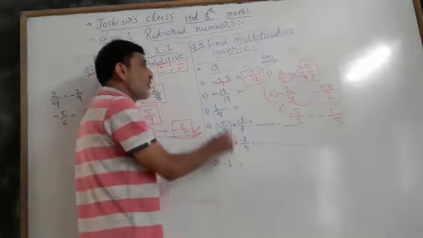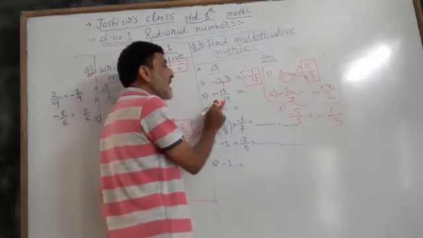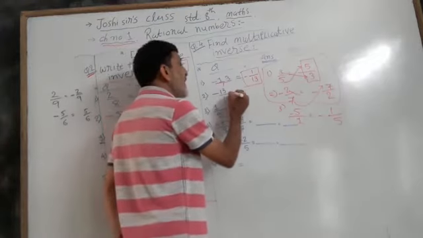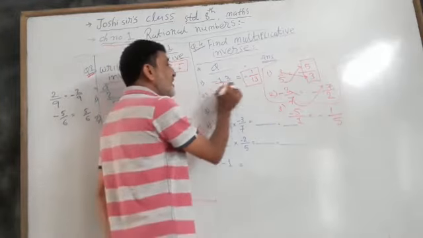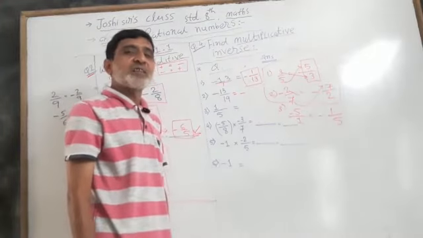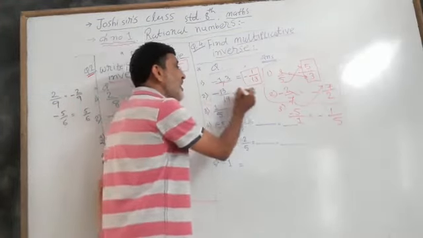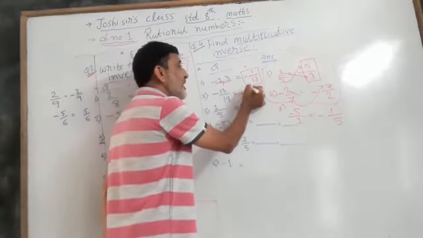Okay. Now second question, minus 13 upon 19. Now what is the answer? First thing, sign will be same. Minus, then minus. Now what we will have to do? Sirsasana. Yes. Upside number will be down, downside number will be up.